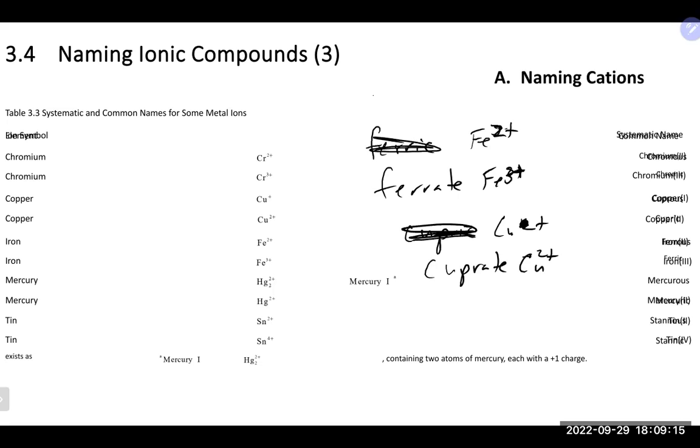Yes, I'm that old. Thank you very much. It's ferrous or cuprous. So we won't use these older names, but they do pop up occasionally. We'll use just the Roman numeral part of it.